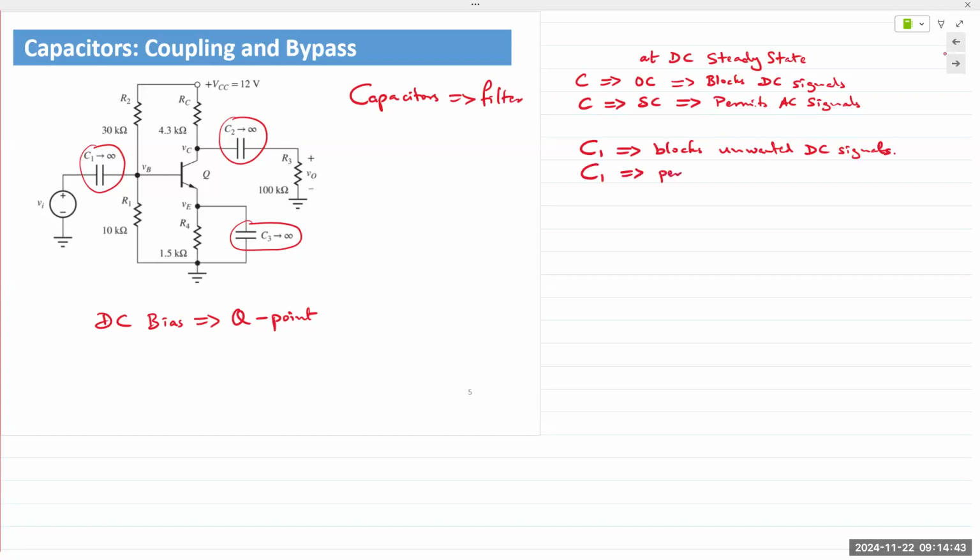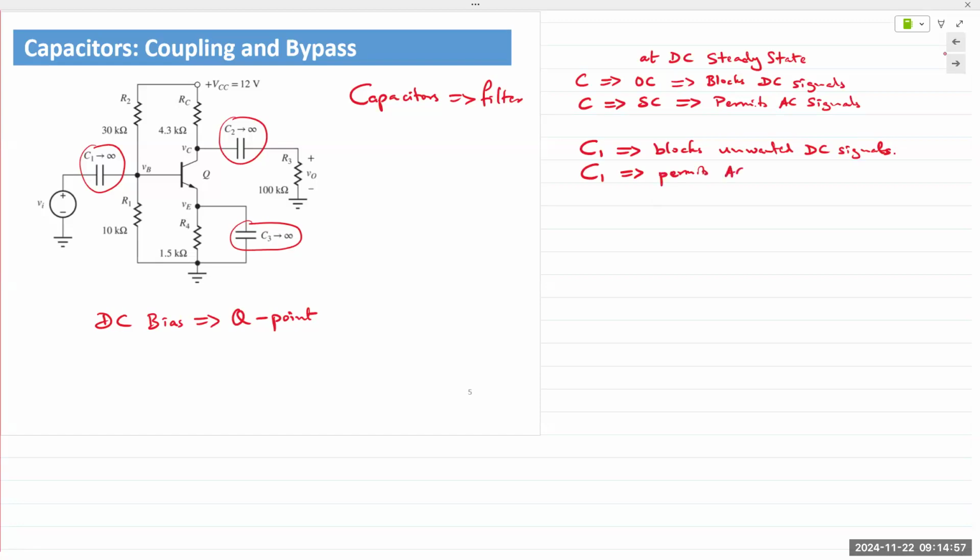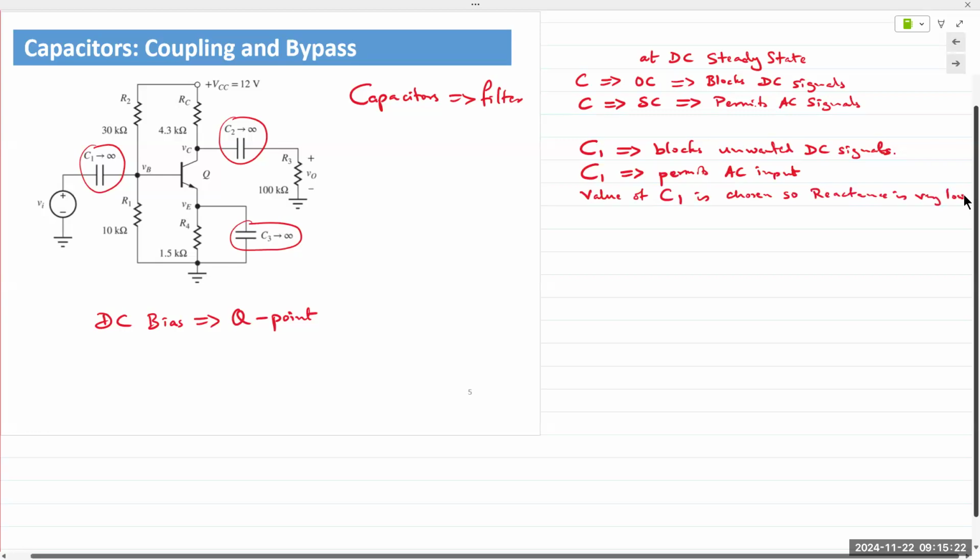So it permits the AC input, and the value of C1 is such that the reactance is negligible or is very low.